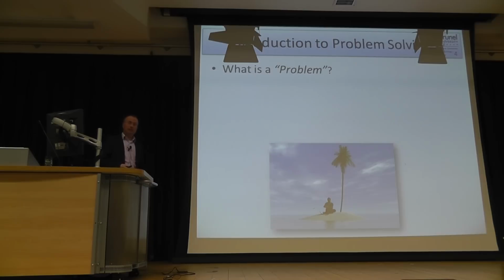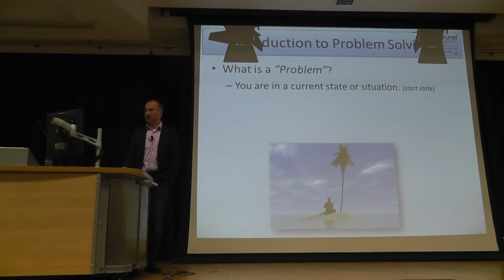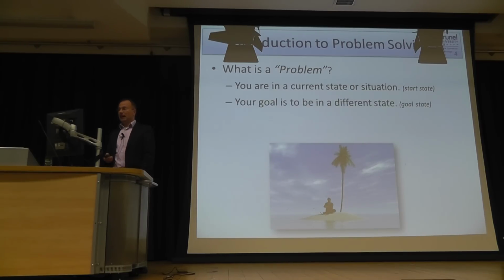So the first question is, again, a question of definition. What is a problem after all, if you want to investigate that scientifically? Because not everything, of course, is a problem. And usually a definition of a problem is that you are in a current state or situation, which is also called the start state, and your goal is to be in a somewhat different state, your goal state.